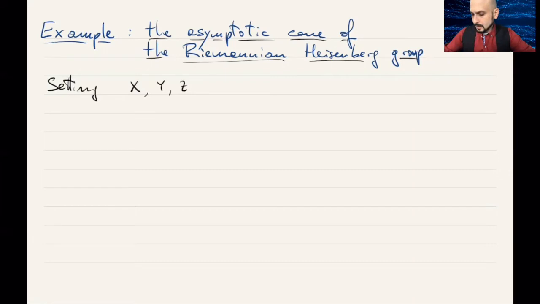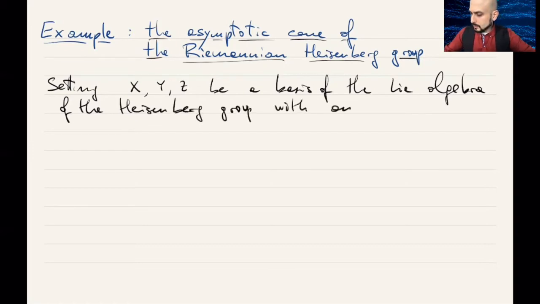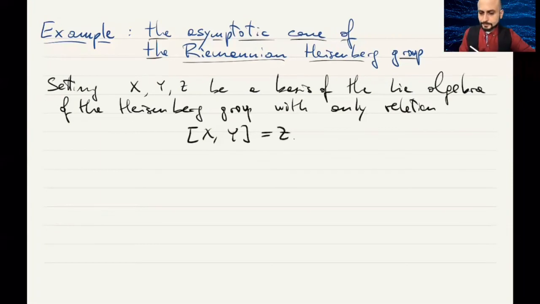So this is a basis of the Lie algebra of the Heisenberg group, with the only bracket relation being [x, y] = z. And we define a Riemannian metric declaring these 3 vectors orthonormal.